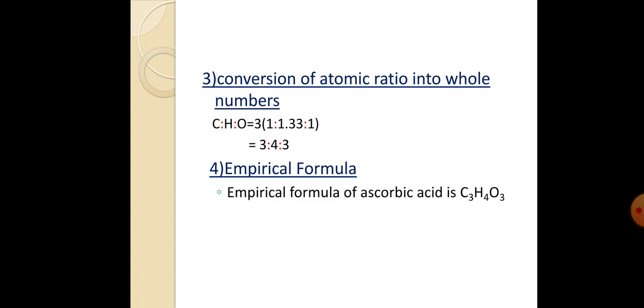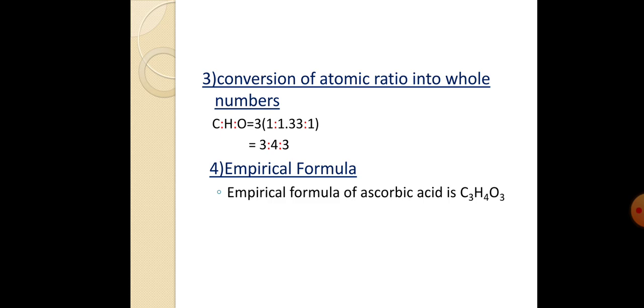When we multiply this atomic ratio by 2, the answer becomes 2, 2.66 and 2. 2.66 is also not a whole number. When we multiply this atomic ratio by 3, the answer becomes 3, 3.99 and 3. 3.99 is very close to a whole number. That's why we multiply all the atomic ratios by 3 and the answer becomes 3, 4 and 3.